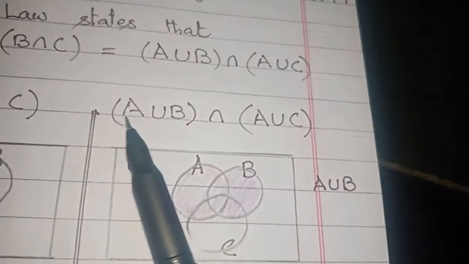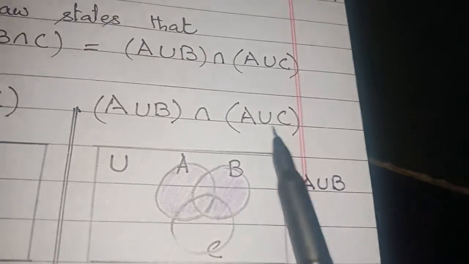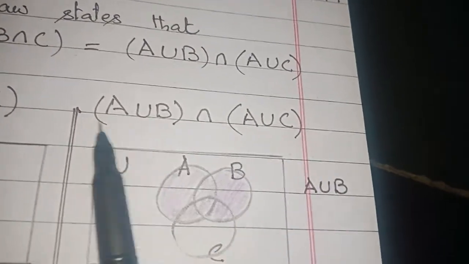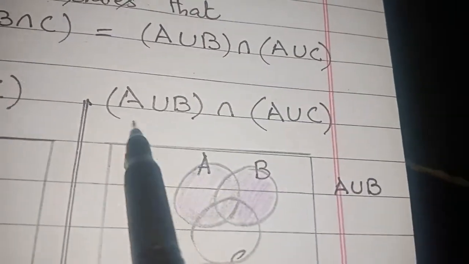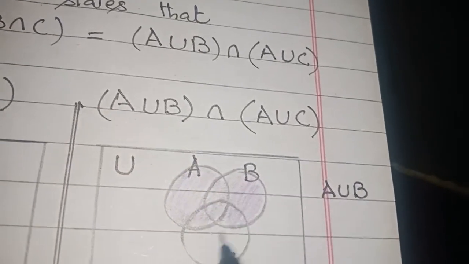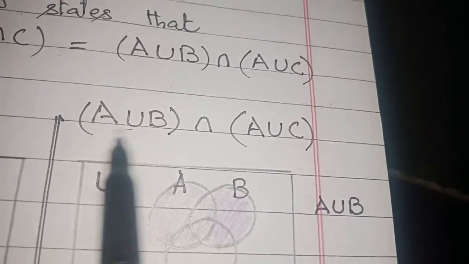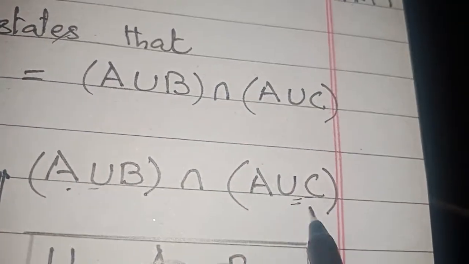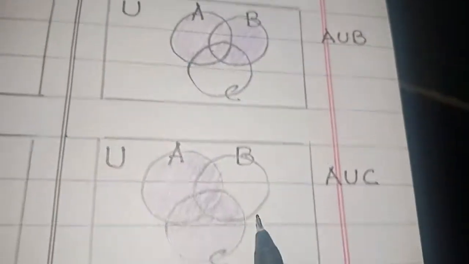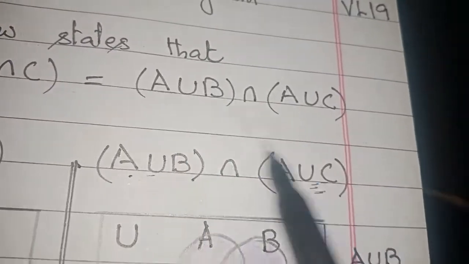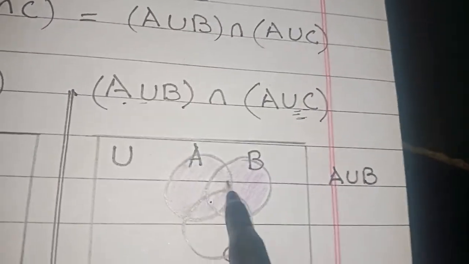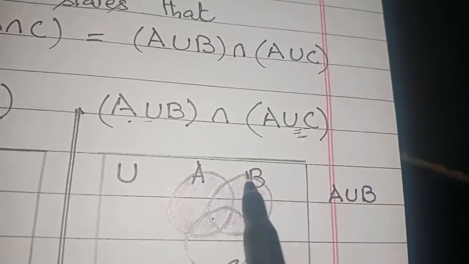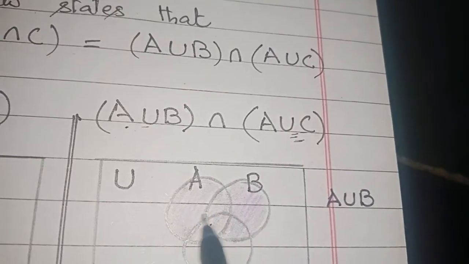The next part, the right hand side, says (A union B) intersection (A union C). I have to represent it in three steps. First, I'll represent A union B through Venn diagram. Then I'll take A union C and represent it, and then I'll take their intersection. In the first diagram, I have focused on circles A and B and colored them all to show their union.